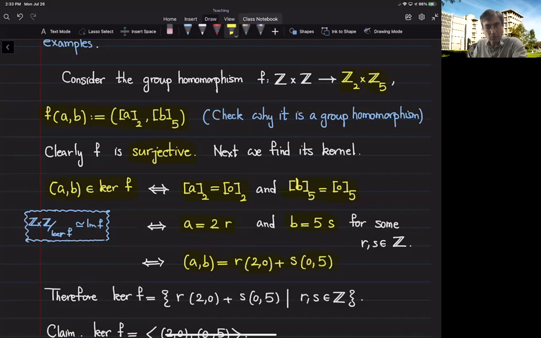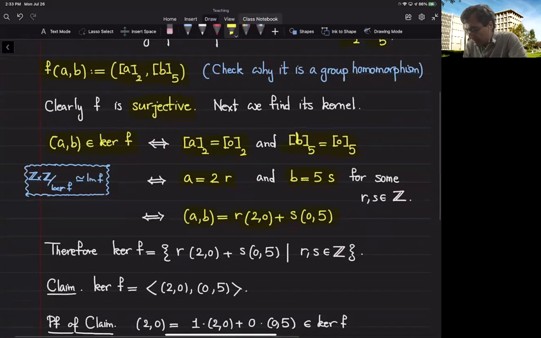Now you see why we considered this function F, this group homomorphism F. Because it was 2 comma 0 and 0 comma 5, it was easy to write down a group homomorphism whose kernel is the subgroup that's generated by 2 comma 0 and 0 comma 5. So that is essentially our goal. We wanted to find a group homomorphism whose kernel is the subgroup generated by the given vectors that we had.